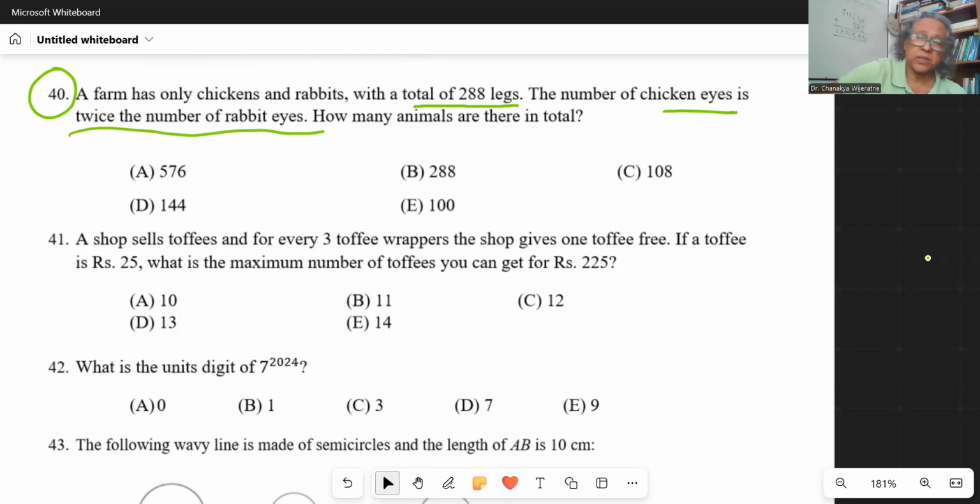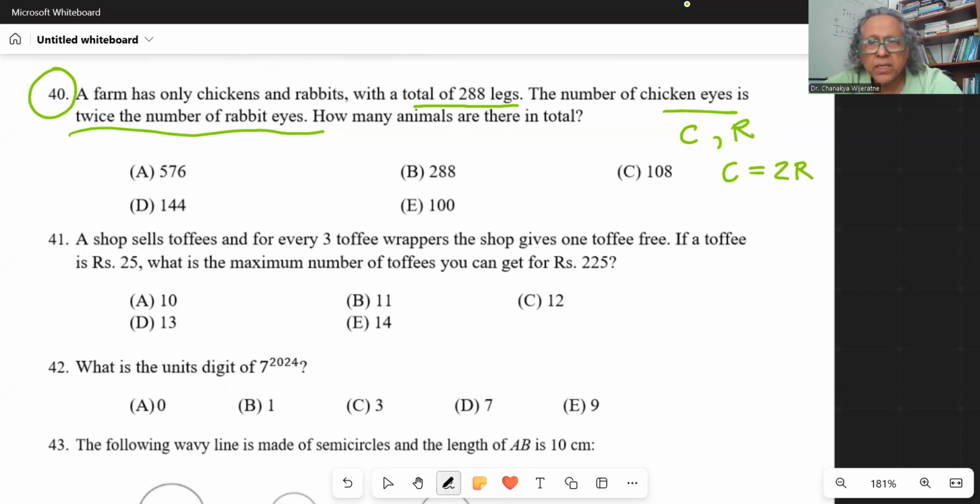Now, chickens and rabbits both have 2 eyes, right? So that means chickens are twice the number of rabbits, right? If we represent chickens by C and rabbits by R, then this means that the number of chickens is twice the number of rabbits. We can write it like this, a very little equation, right?